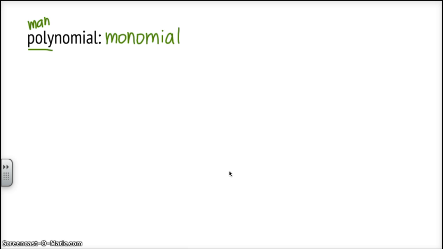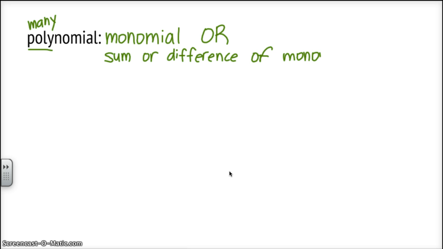A polynomial is a monomial, or is the sum or difference of monomials, plural, right? So more than one monomial.